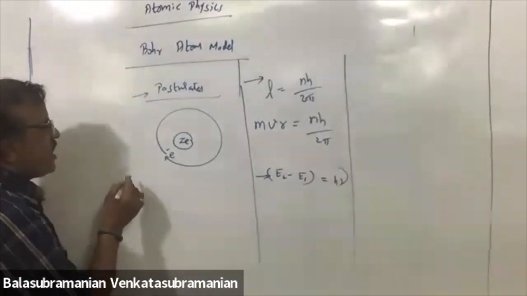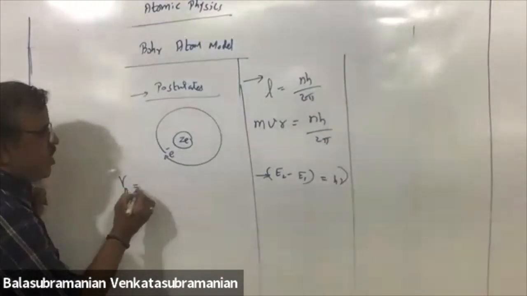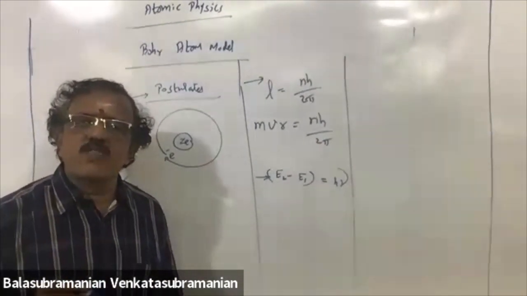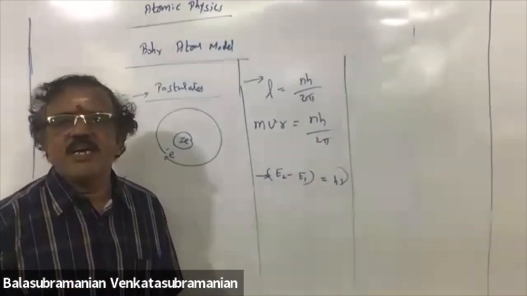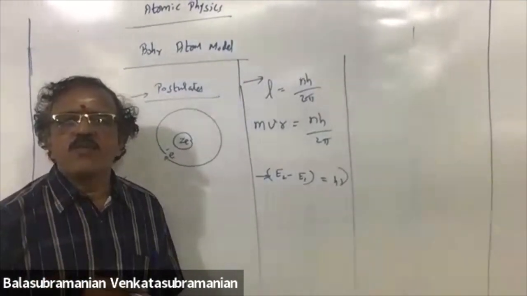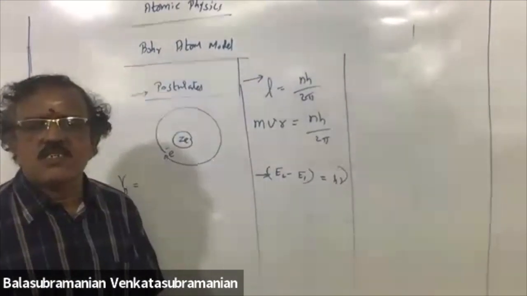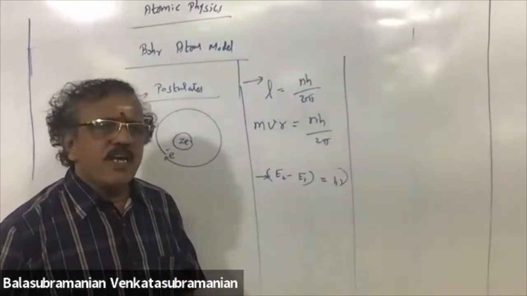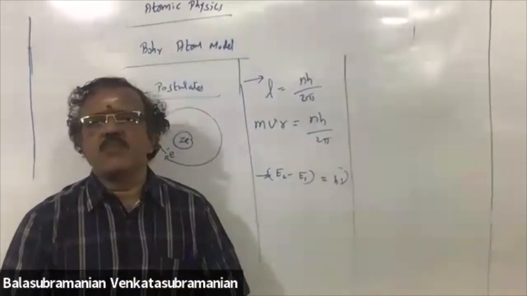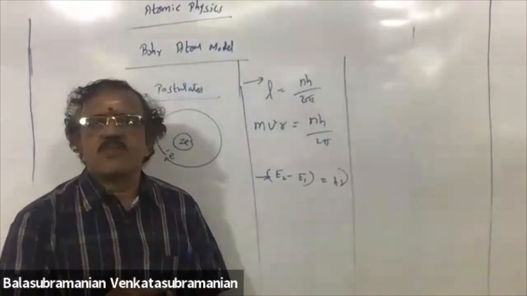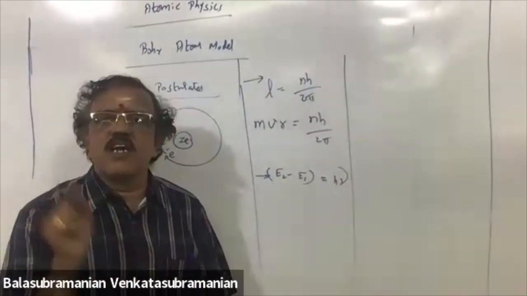From that, he calculated the radius of the nth orbit of the electron revolving around the nucleus in a hydrogen atom. He found out the radius value. Actually, he initiated the idea: electron revolving in a circular path. Circular path means what?